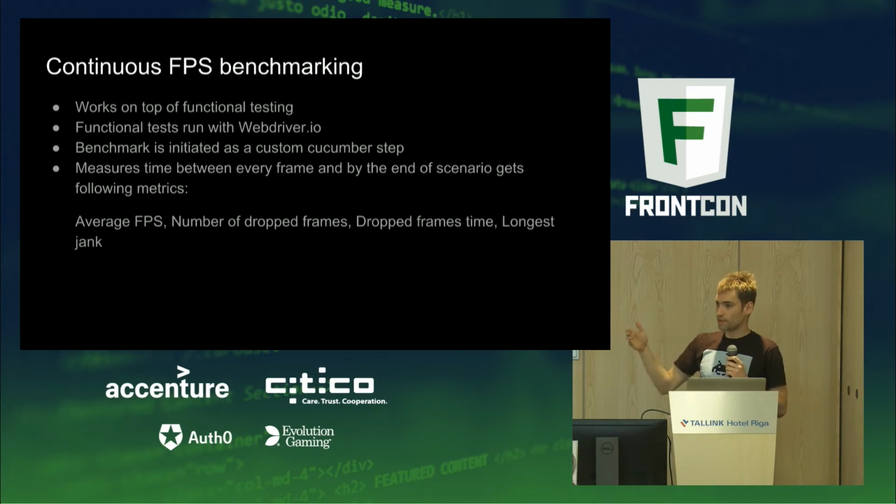Once a frame is dropped, it stores it in memory, and then by the end of a scenario, it reports average FPS, number of dropped frames, the total time of dropped frames, and the longest sequence of dropped frames, which is quite an important metric, because if just one frame is dropped, it's not a big deal, but if you have 10 or 20 dropped frames, which happens, then it produces a very unpleasant experience for a user.